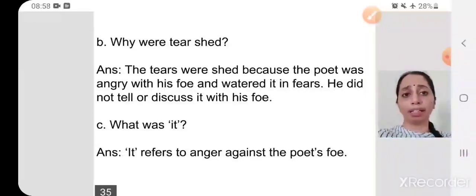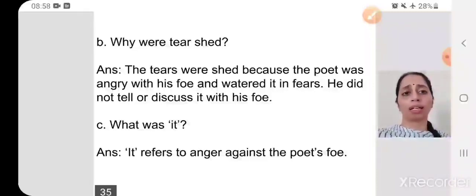But he did not discuss this with his foe. The tears were shed because the poet was angry with his foe, and the same tears he watered with fears. He watered his anger with tears and fears.